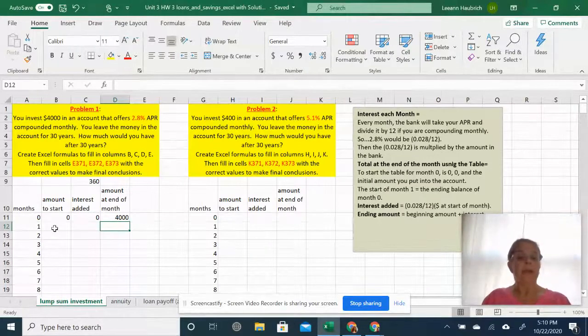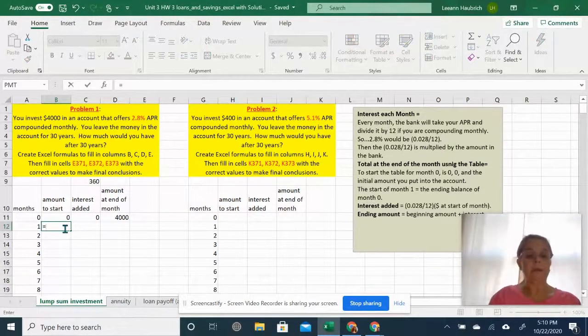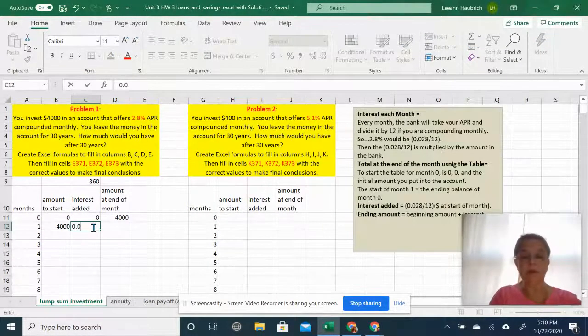So at the end of month 1, the beginning amount was your 4,000 that you invested. The interest added is your APR. So in this case, it's going to be 0.028 divided by 12. That's going to get multiplied by the amount of money in the account.